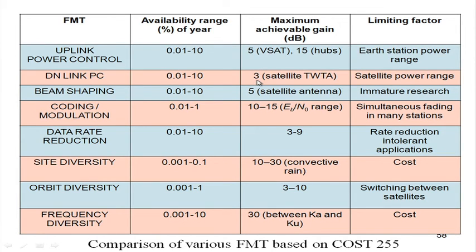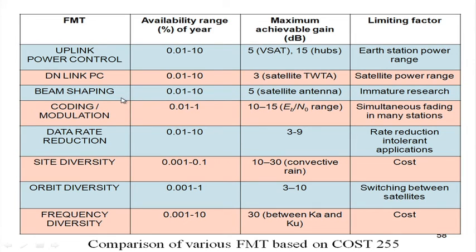Normally 99.99% of the time you are operating, and only 0.01% of the time you will be introducing this fade mitigation. So the rest of the time you will be operating at 3 dB less power, and to compensate for the fade you will be using the 3 dB additional power only during this time. Not very advantageous, but this is possible.